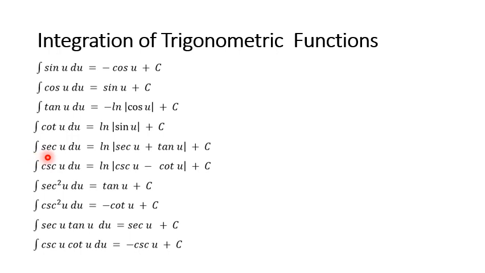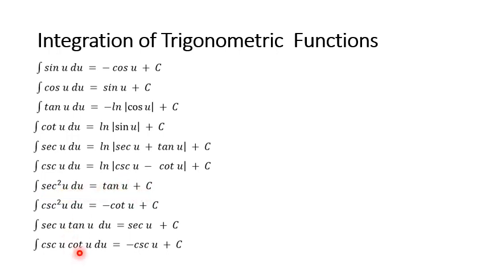And if we have integration of sec u du, this is equal to ln absolute value of secant u plus tan u plus c. And if we have integration of csc u du, this is equal to ln absolute value of csc u minus cot u plus c. And if we have integration of secant squared u du, this is equal to tan u plus c.